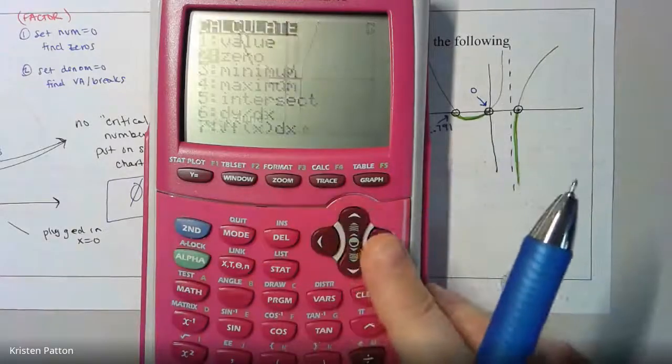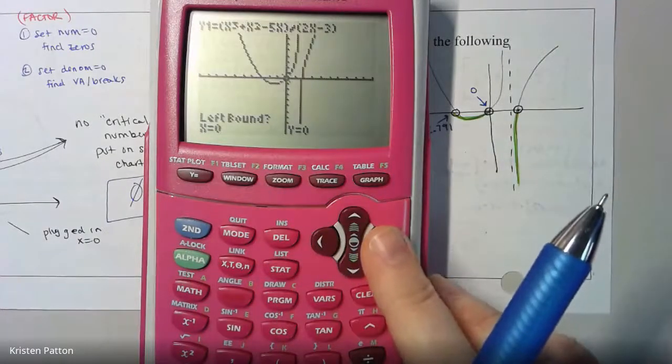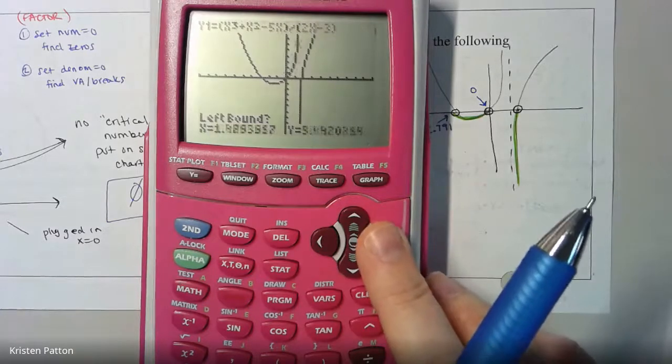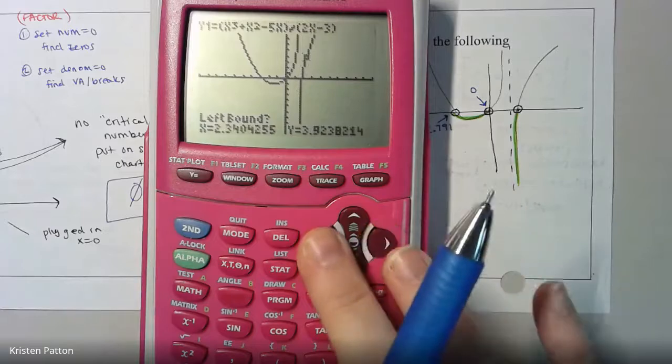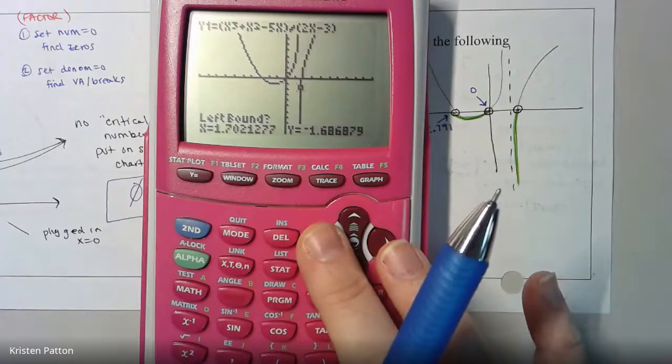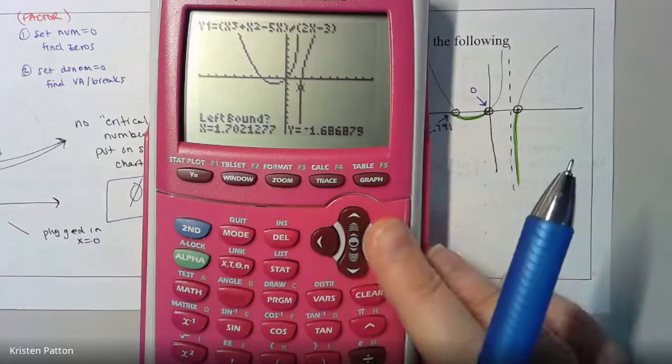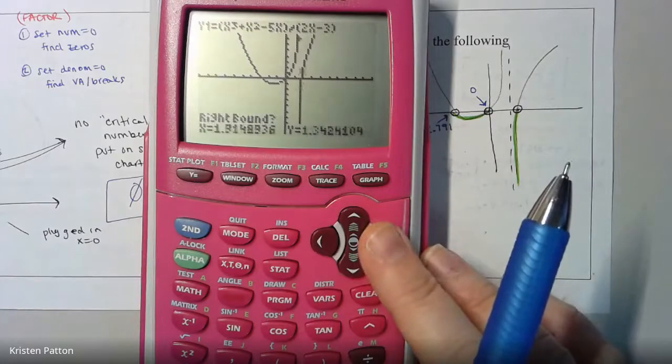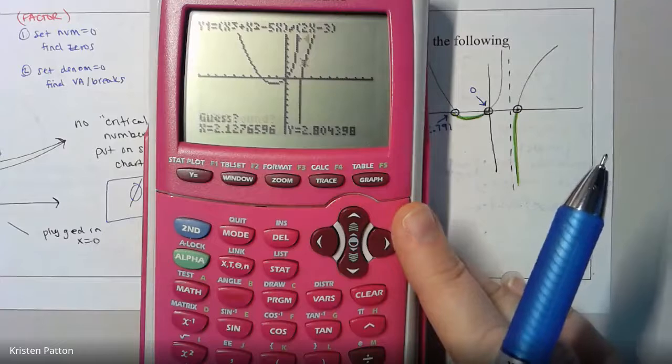Okay, let's go find that last one. Second trace, number 2. Now, this is the tricky part, is that we need to get over that asymptote, right? So you can arrow up, and it does get over there. Okay, perfect. So I'm on the left side of that 0, hit enter. Arrow to the right a couple times to get on the other side.